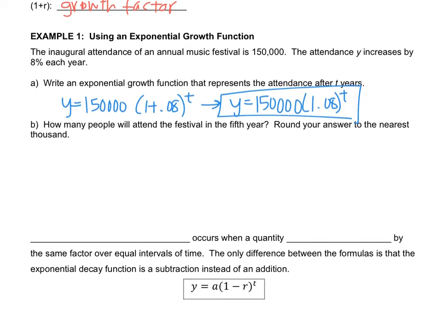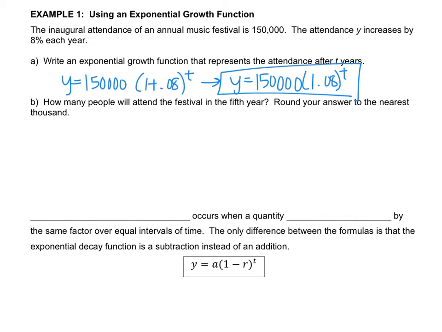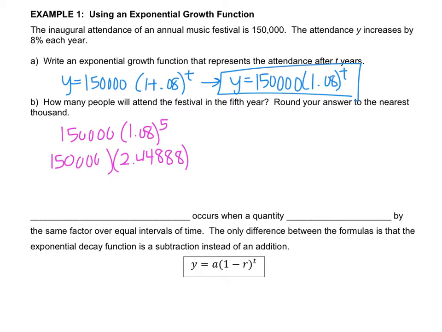Then in letter B, they want us to use that equation to figure out how many people will attend the festival in the 5th year. So I'm going to plug in 5 for my t value. So it's going to be 150,000 times 1.08 to the 5th. You have to have your calculator. And I get 1.08 to the 5th is 1.46933, times 150,000.